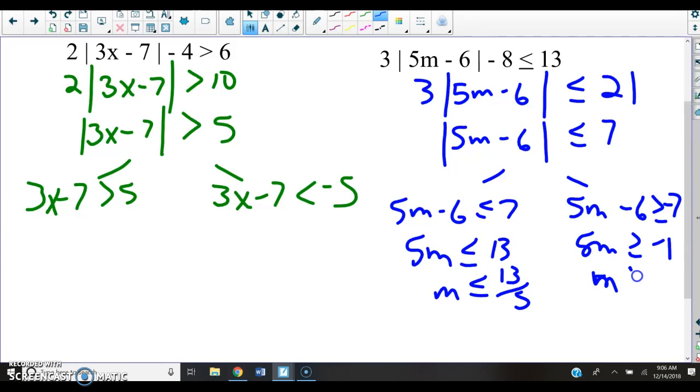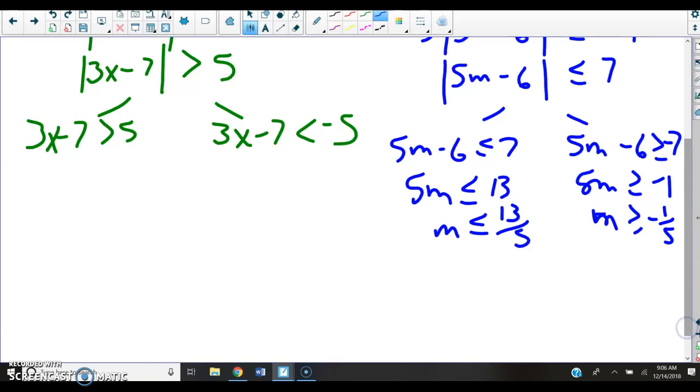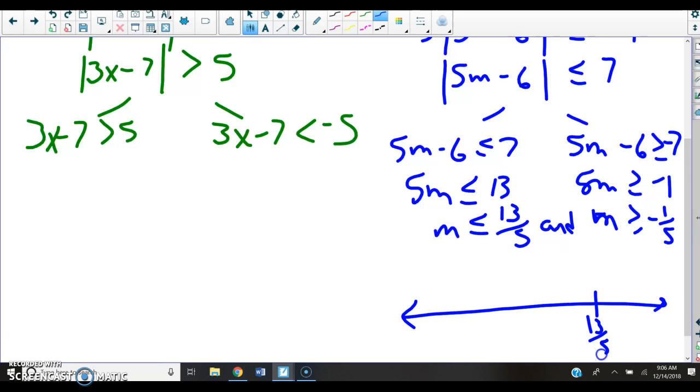And greater than or equal to negative 1/5. And it's possible for it to be both, so this is an and. So 13/5 from there down, negative 1/5 from there up.